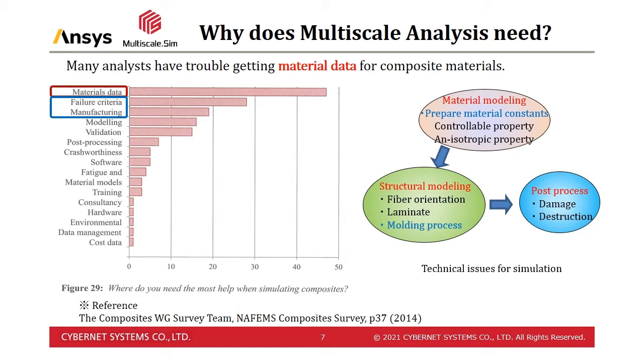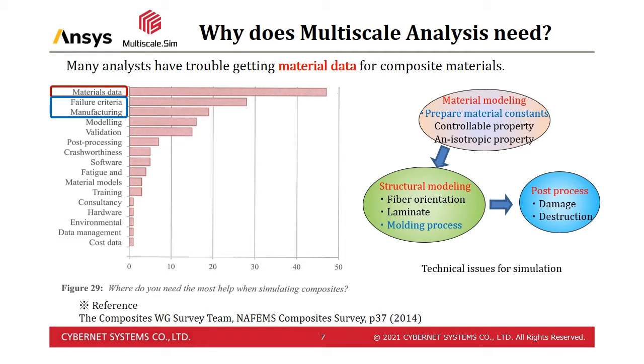I mean, since the material property changes dramatically depending on how raw materials are combined, the degree of freedom in material design increases, but it is difficult to make a general-purpose material database. Moreover, composite has anisotropic properties, so it is not possible to obtain all the material constants required for analysis from only uniaxial tension tests like metallic materials.